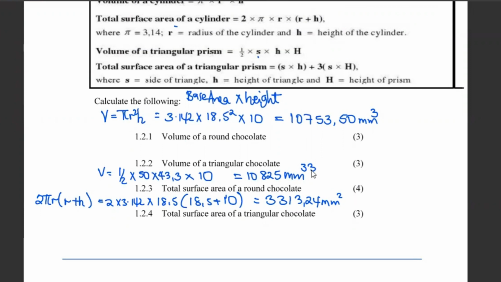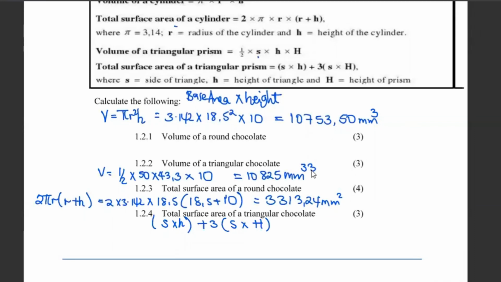Total surface area of a triangular chocolate. It says S times H plus 3 into S times H.